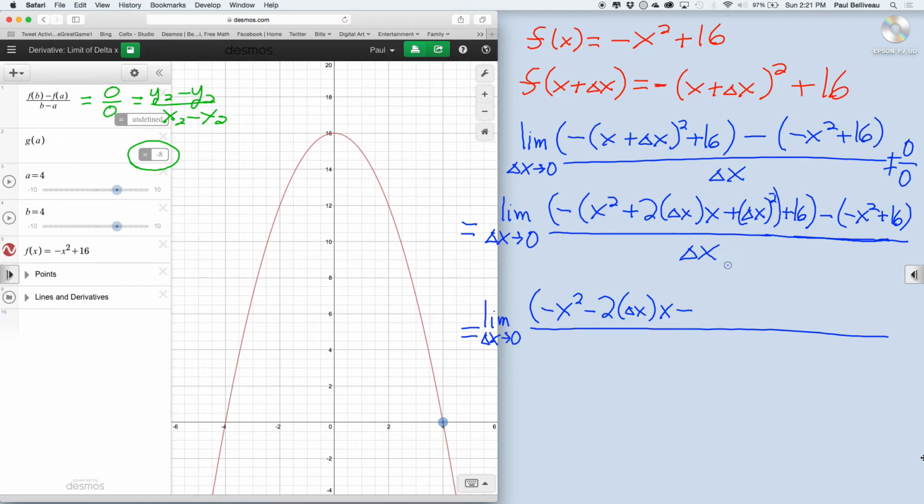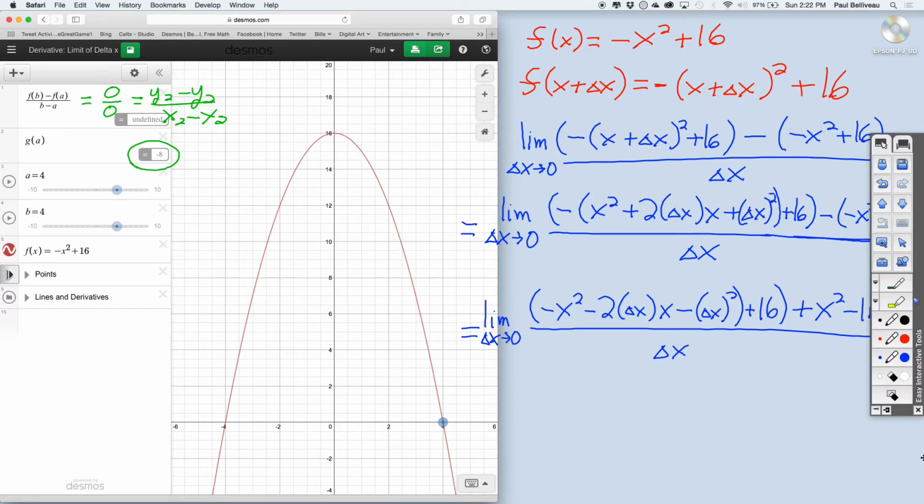I'm distributing this negative sign, so that's minus delta x squared in parentheses. So this is still plus 16. Okay, close that parentheses. I'm going to distribute this minus sign to my second expression. So that's going to become plus x squared minus 16 all over delta x. Now, if I let the dog off the leash, I'm still going to get 0 over 0.